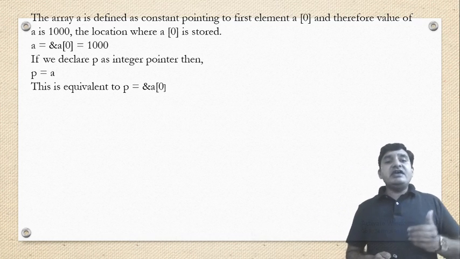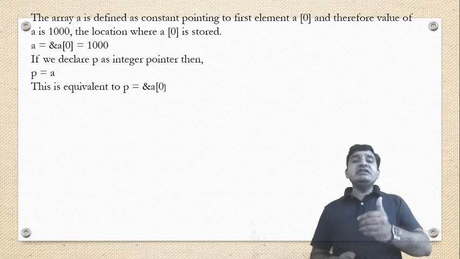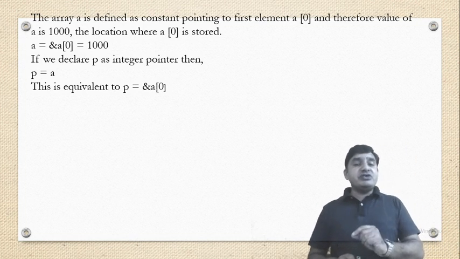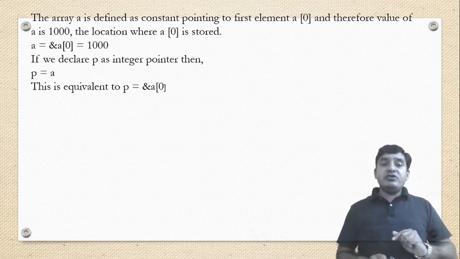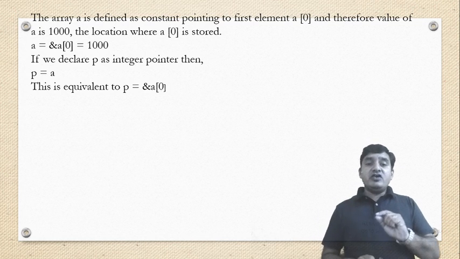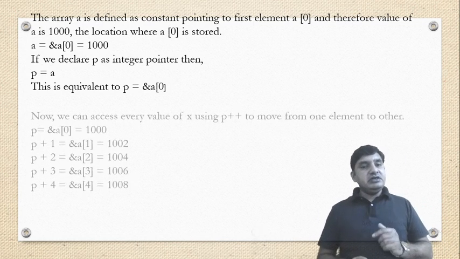If we declare p as an integer pointer, then p is equal to a, which is equal to the address of the first element of the array.